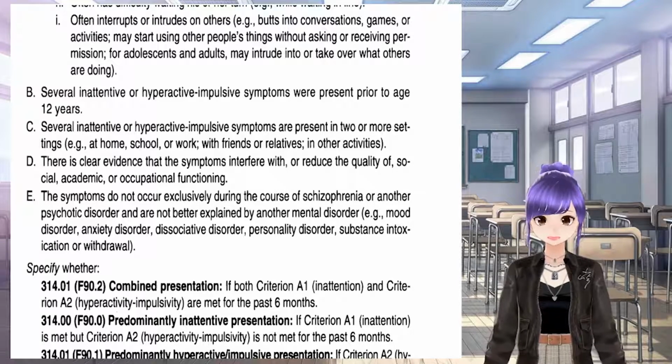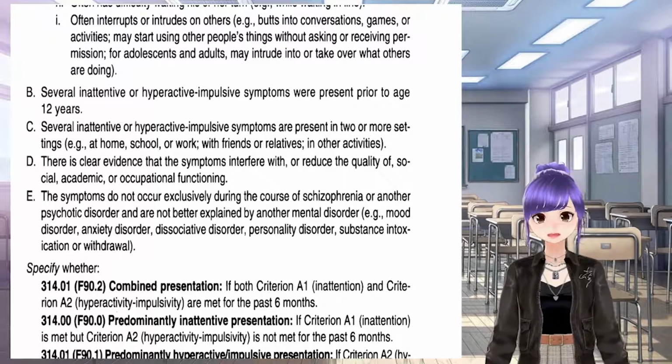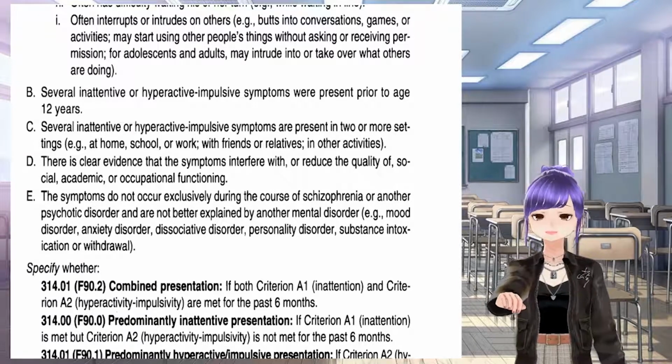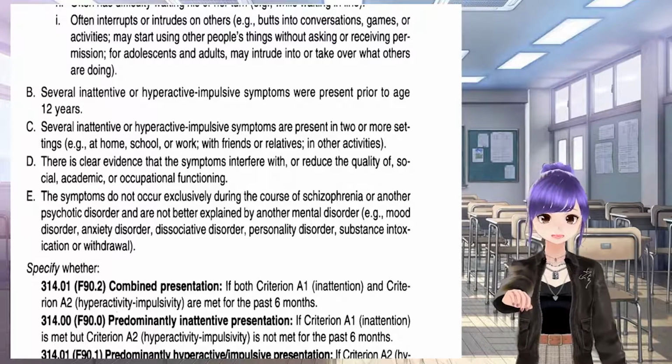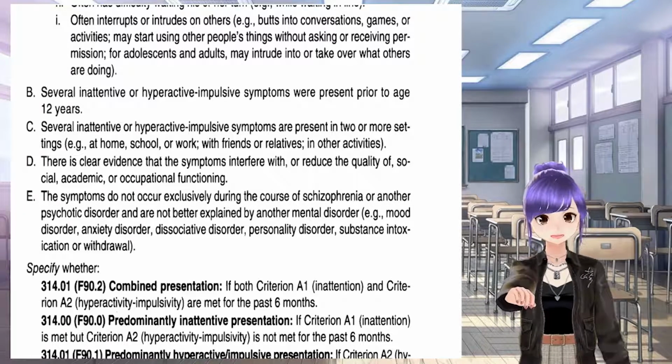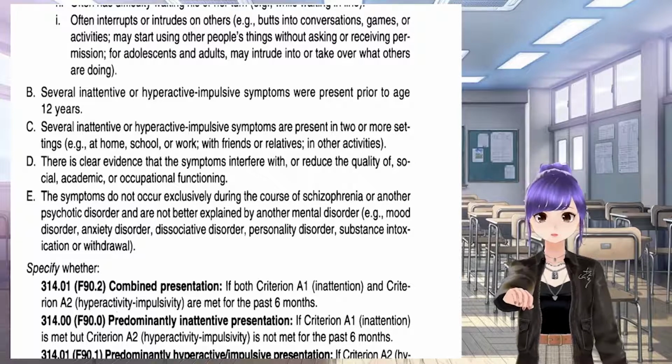So what is important also here is the letter B criteria. Several inattentive or hyperactive-impulsive symptoms were present prior to the age of 12 years, and several inattentive or hyperactive-impulsive symptoms are present in two or more settings, for example, at home, school, work, with friends or relatives, and in other activities.